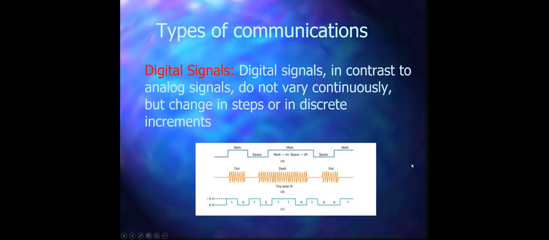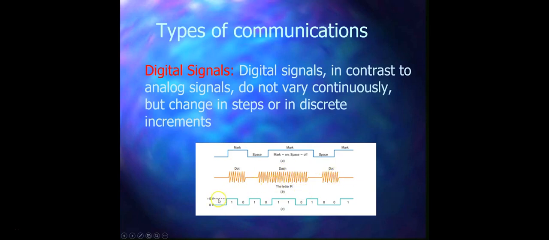Now moving on to digital signals. Digital signals, in contrast to analog signals, do not vary continuously but change in steps or in discrete increments. The example is given over here: mark and space, and this mark represents this dot, the signal, and here is another signal.